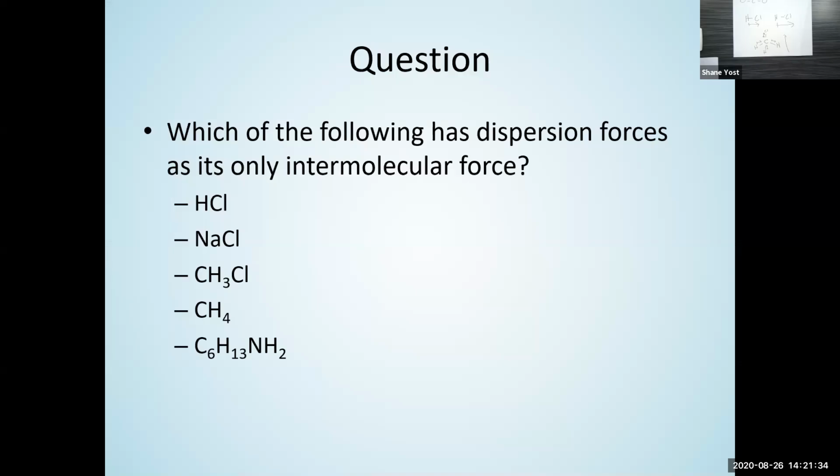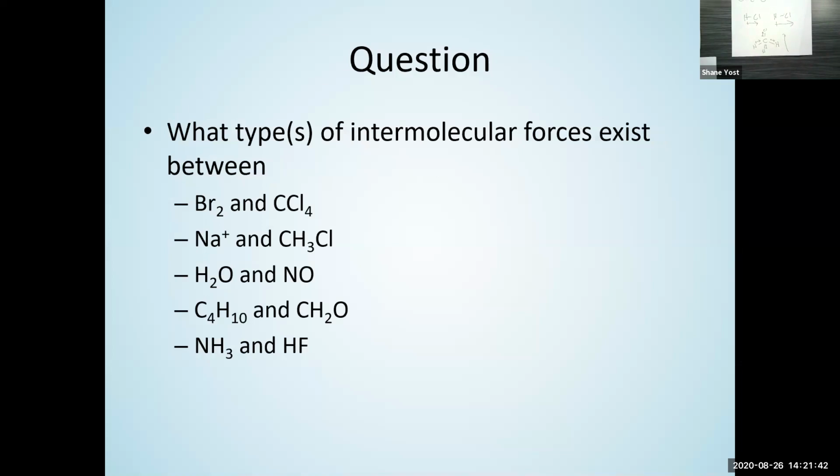Other questions? All right. Now here we have some examples where what we're asking for is what are the intermolecular forces between Br2 and CCl4, or Na+ and CHCl3, H2O and NO, and so on and so forth.